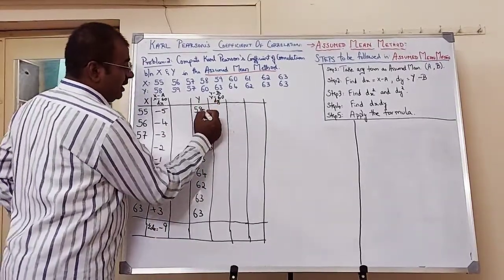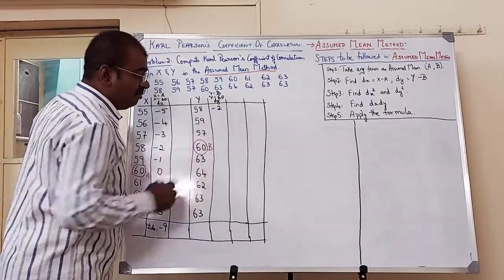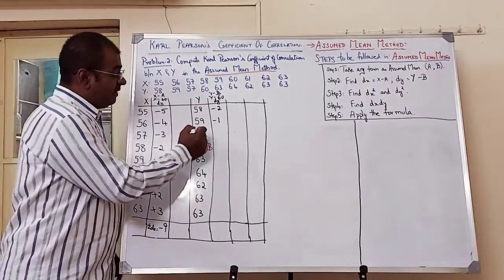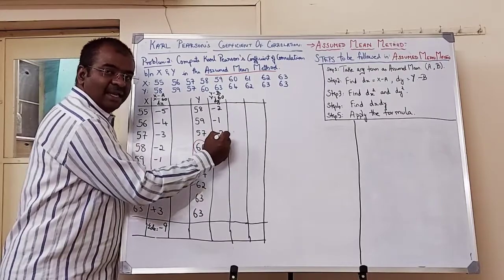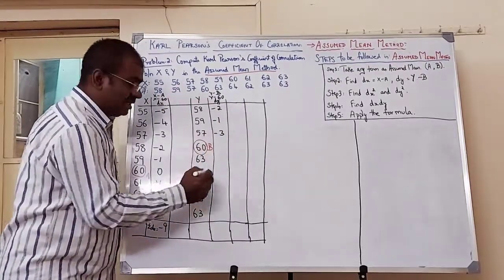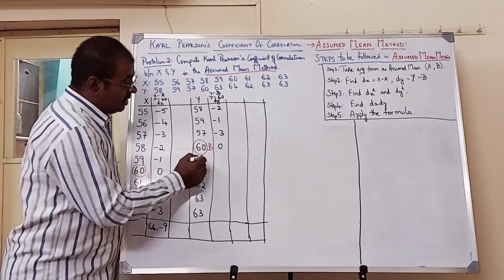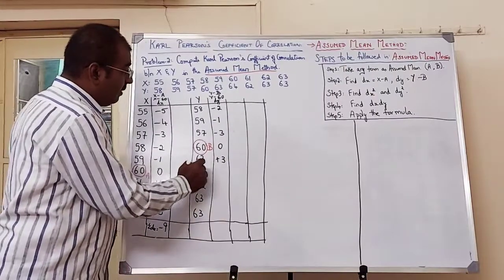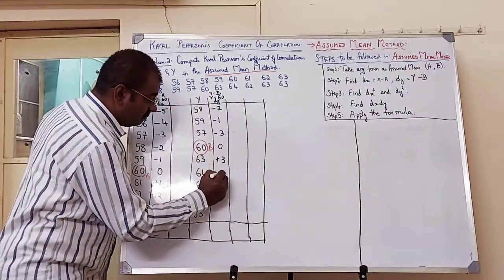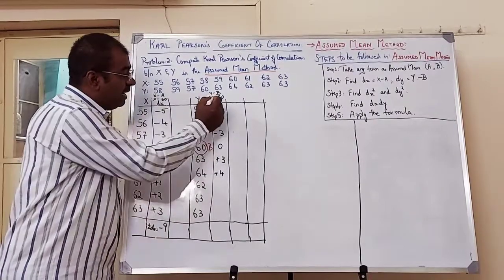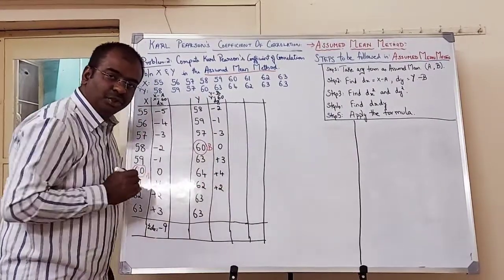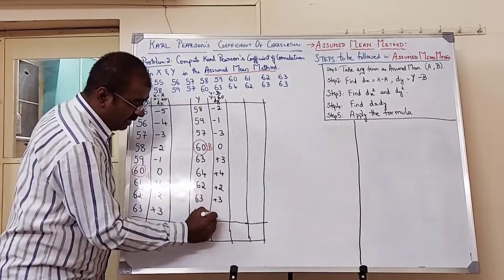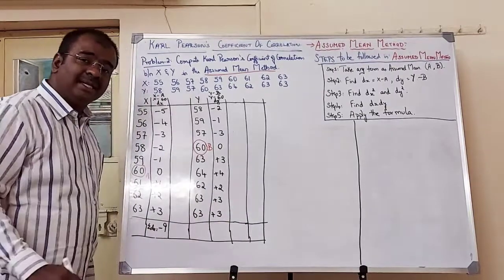So y minus 60: 58 minus 60 is minus 2, 59 minus 60 is minus 1, 57 minus 60 is minus 3, 60 minus 60 is 0, 63 minus 60 is plus 3, 64 minus 60 is plus 4, 62 minus 60 is plus 2, 63 minus 60 is plus 3, and here again it is 63 minus 60, which is plus 3.